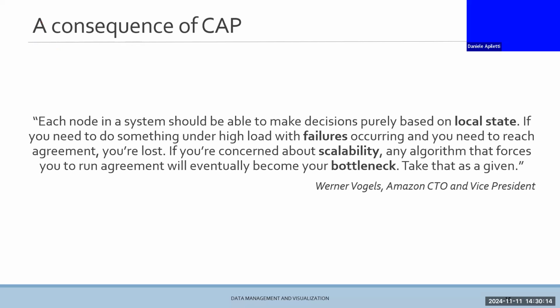This is interesting. This is Werner Vogels, at that time the CTO of Amazon. Here the point is the following: when you need to reconcile the database, it's a bottleneck if you have an algorithm requiring the nodes to talk to each other.